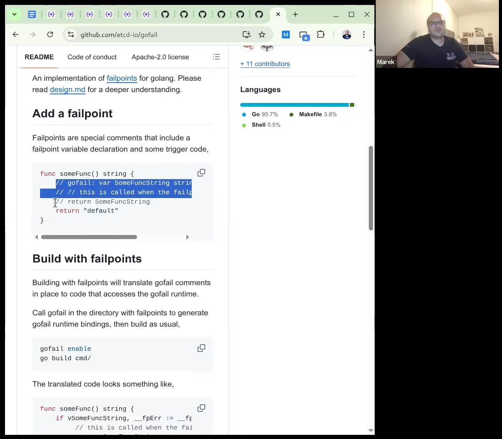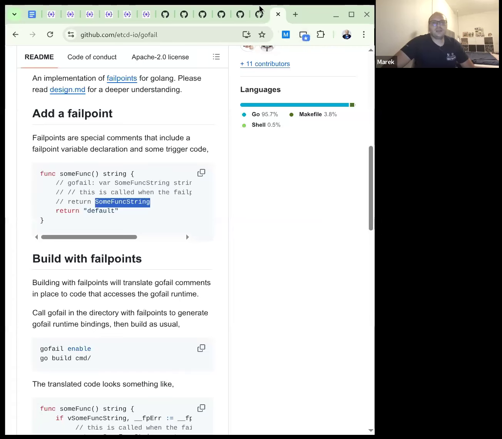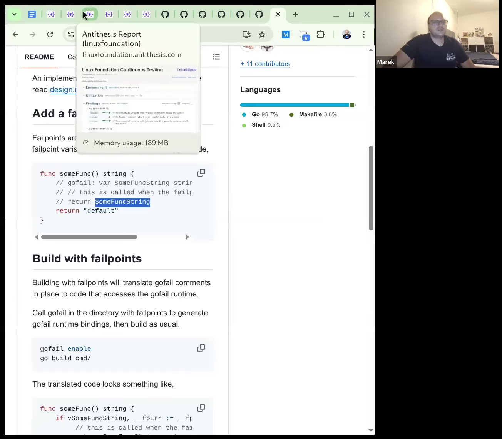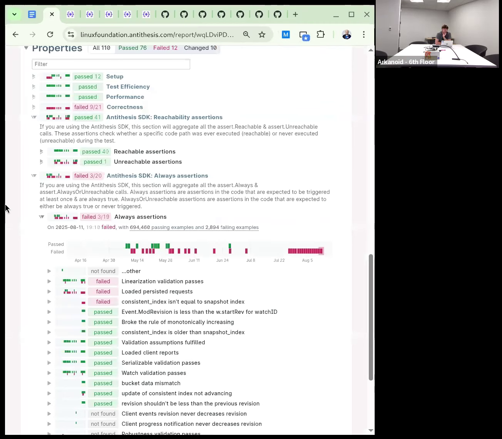For Antithesis, we just change it to assert reachable, which marks it as an interesting point, because if the etcd robustness test decided that this is worth injecting a fail point, we can mark it for Antithesis too as an interesting point. So that helped.